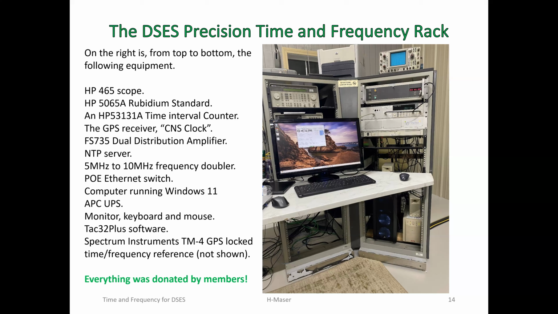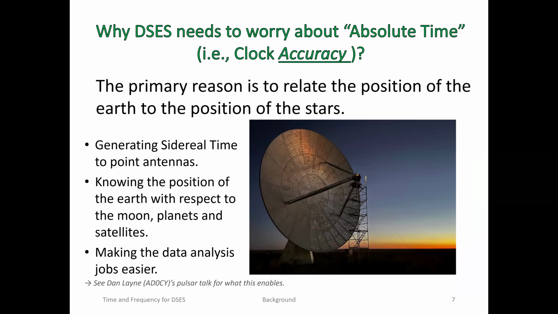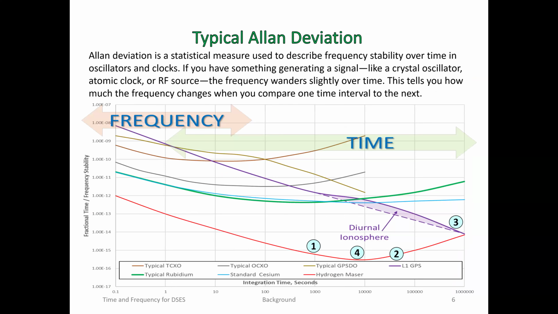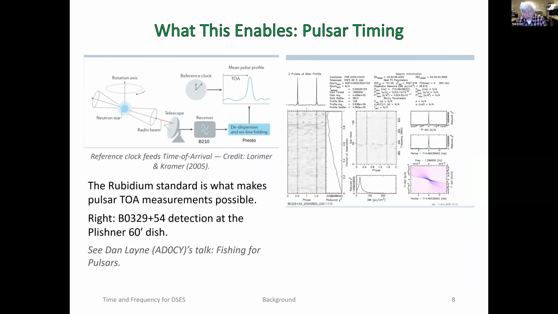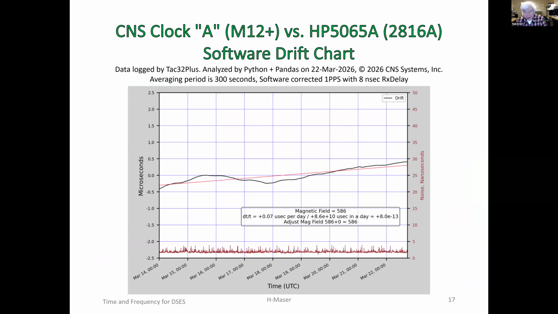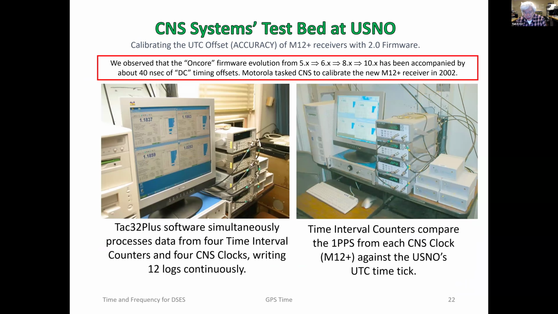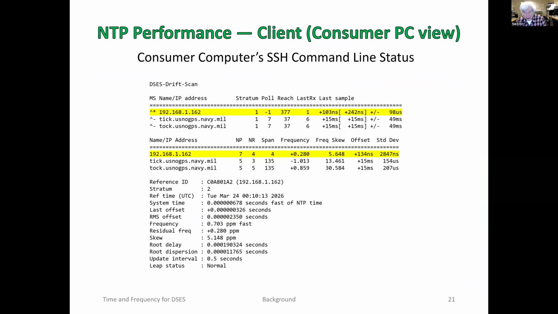Rick, I have a question. On the inflection on the GPS signal due to the ionosphere, do you know if that's the E layer or the F layer that causes that, or have they determined that? I think you might find, let's see, go to the end.